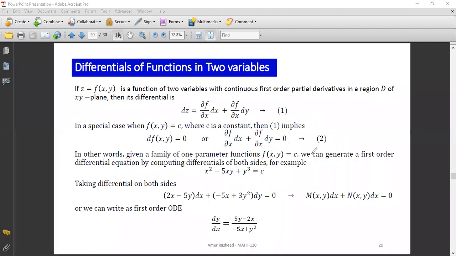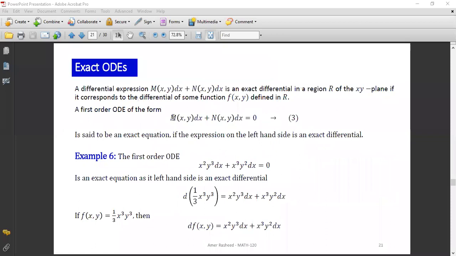I'm going to repeat it. There's a question in the chat. Can you please explain this? I'll repeat it. So we have two equations. One is this one, which is the differential of f, and the next is this one, which we assume is your exact differential equation.